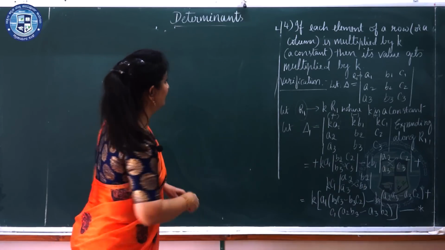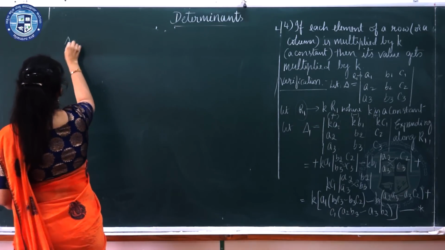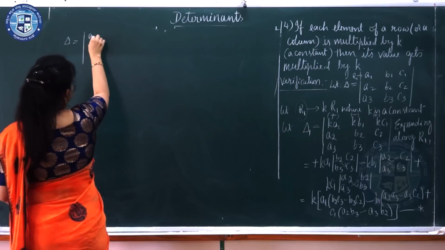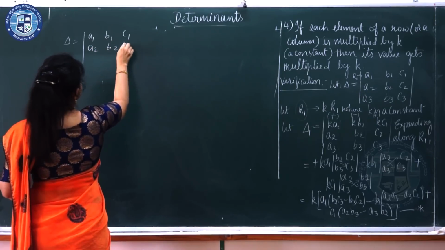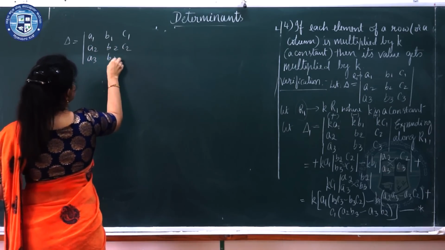Look at this, the value of delta is, we have delta is equal to A1, B1, C1, A2, B2, C2, A3, B3, C3.